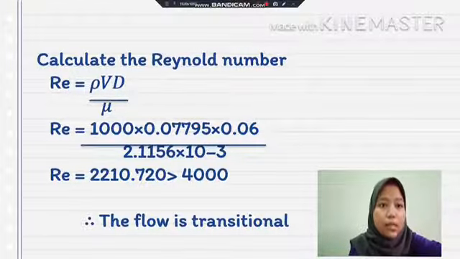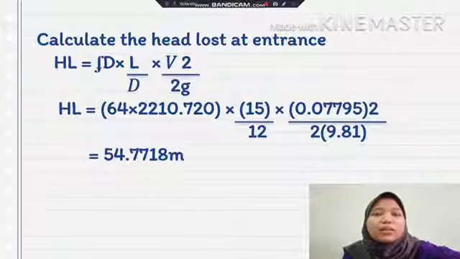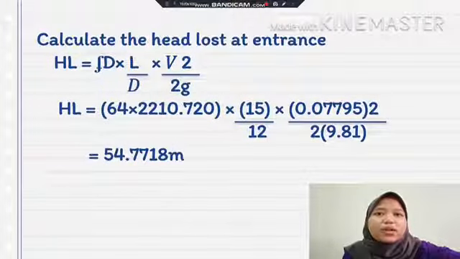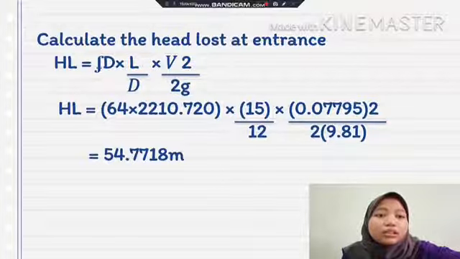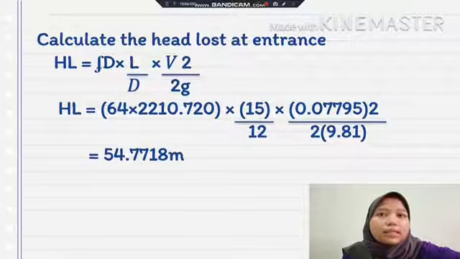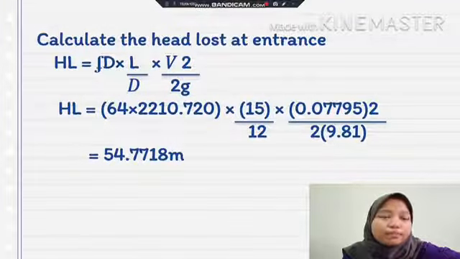Next, we need to calculate the head loss at the entrance. Using the head loss equation, we will find FD times L over D times V squared over 2G.